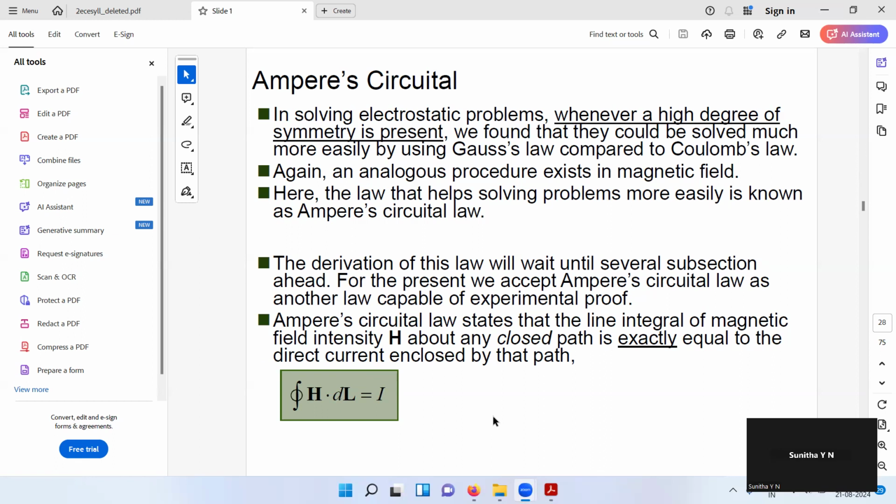If you take a closed path integral of that magnetic field, then it should be equal to the current enclosed by that closed path. This is Ampere circuit law. It will be useful to solve problems in the coming section.